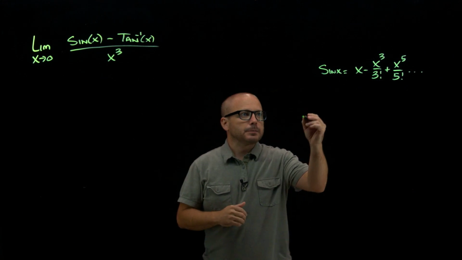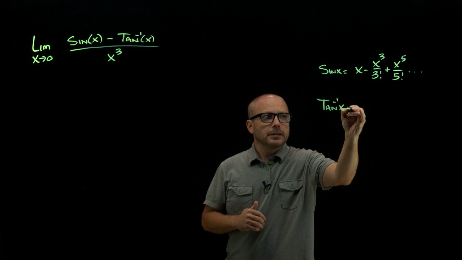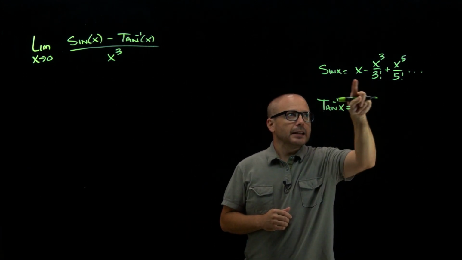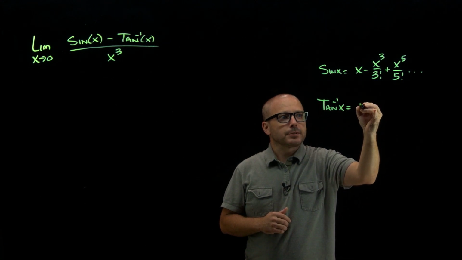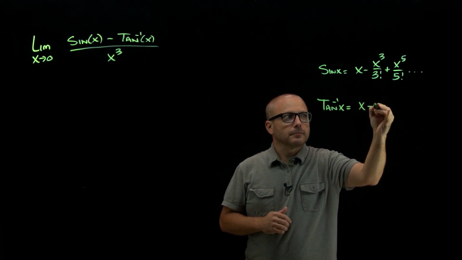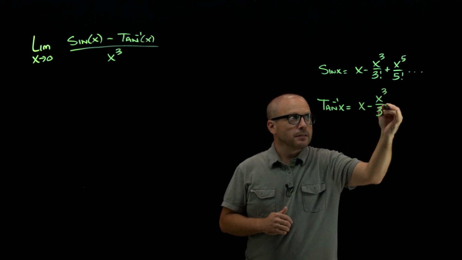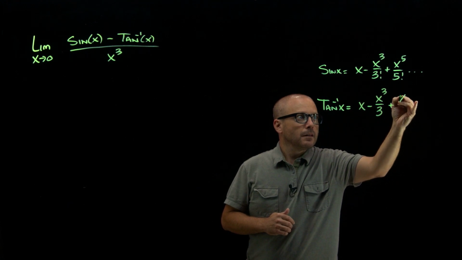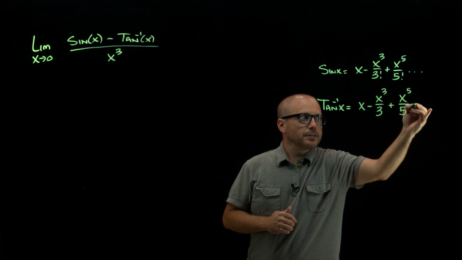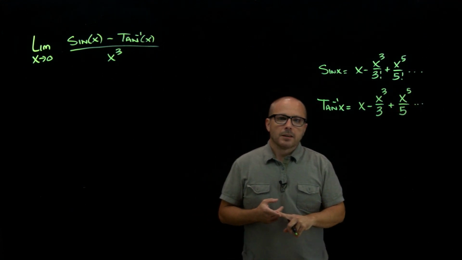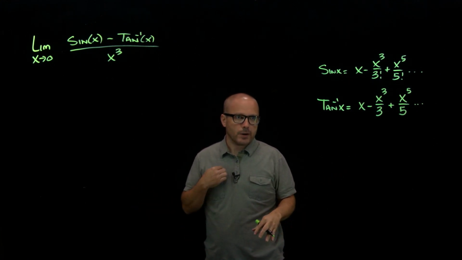So tan inverse, if you look in that table, looks actually a lot like sine, except instead of those being factorials, it's just that n there. And this is actually only good for... you know, what was nice is sine, cosine, e to the x, those were equal to their Taylor series everywhere.